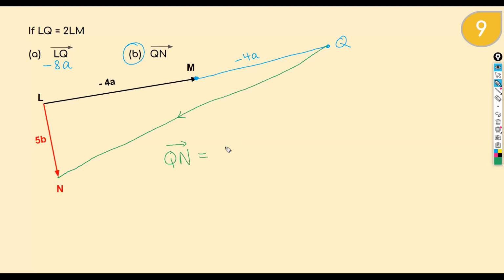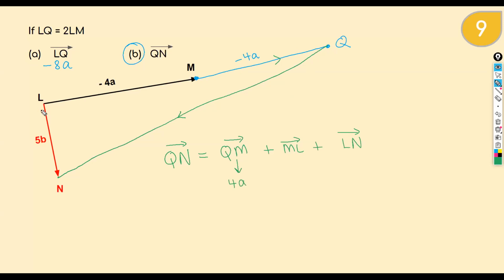But I'm going to break it up. Q to M. Once we reach M, we journey from M to L, and then L to N. How much is QM? Remember, this is the value for MQ, but now we're going against the arrow. So it becomes positive 4a.